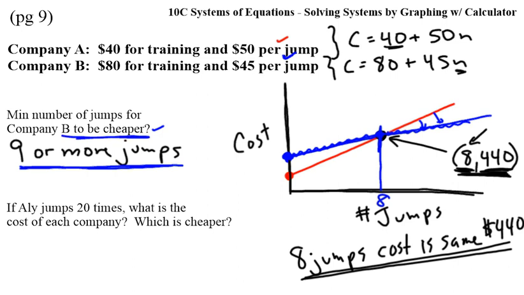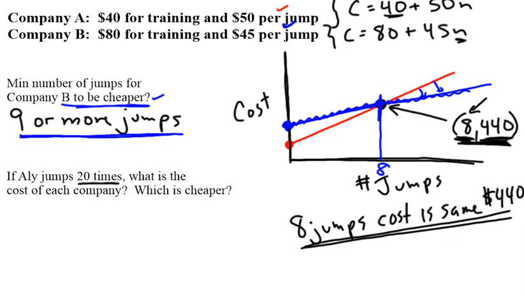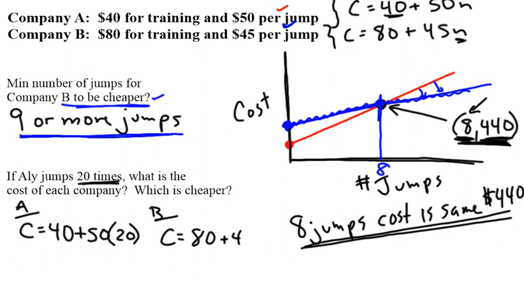If Ali jumps 20 times, what is the cost for each company? Well, this is where we can do some algebra. Company A, the cost is $40 plus $50 for every jump, 20 jumps. B, the cost is $80 plus $45 for every jump, and we're saying 20 jumps.